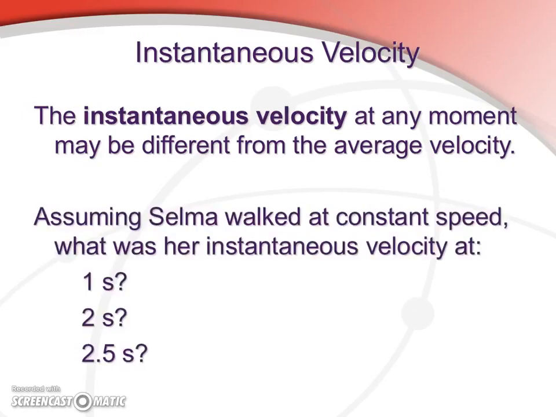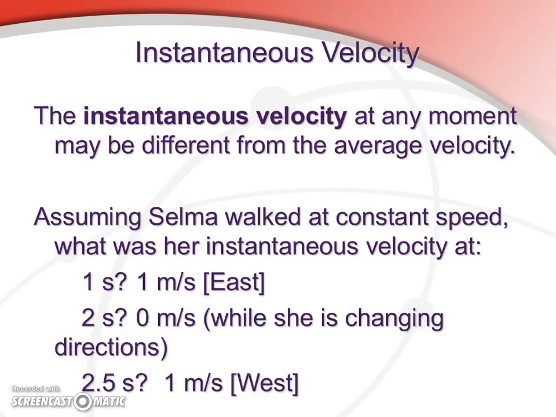And we can go back through and we can look at Selma walking at constant speed and look at her instantaneous velocity. Remember, she walked for 2 seconds, she walked east. So at 1 second, her speed was 1 meter per second east. At 2 seconds, well, there's an interesting case.